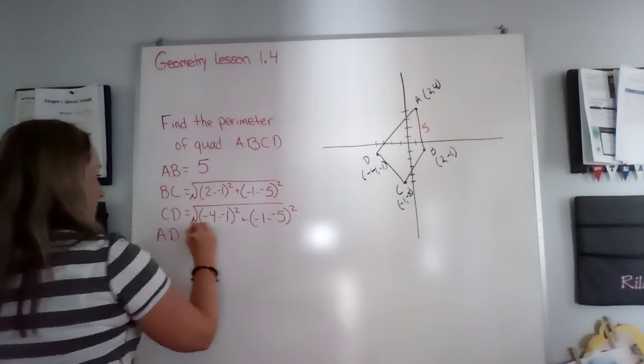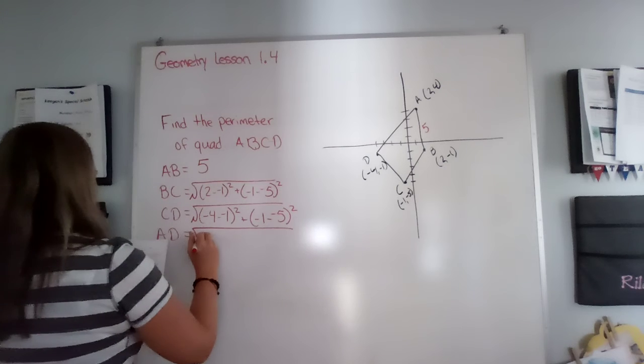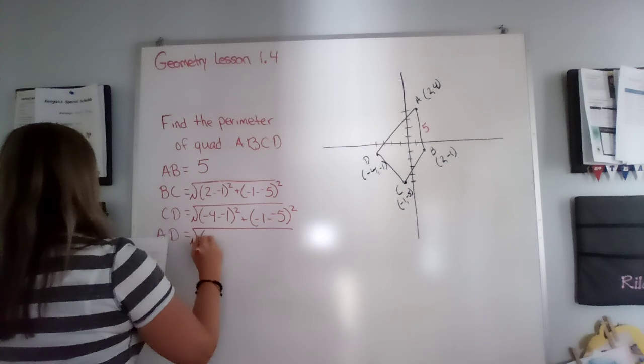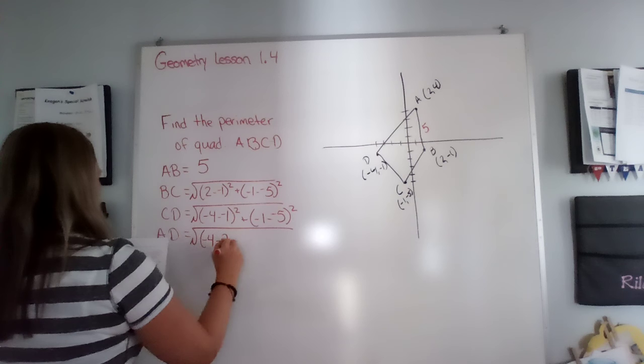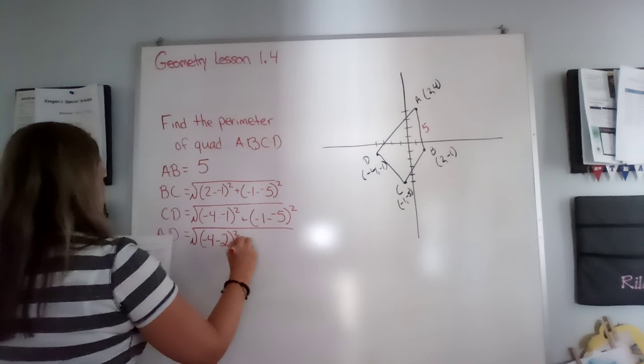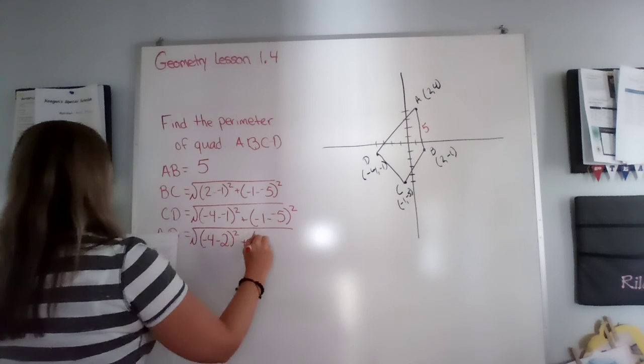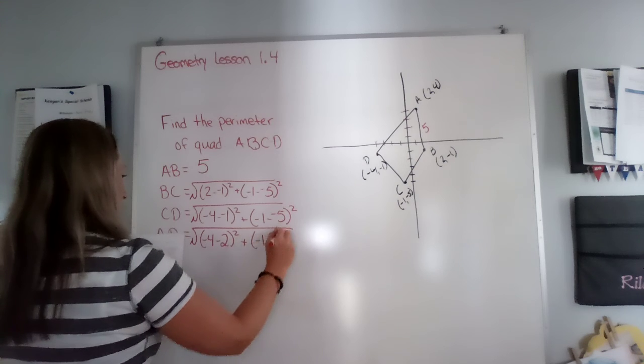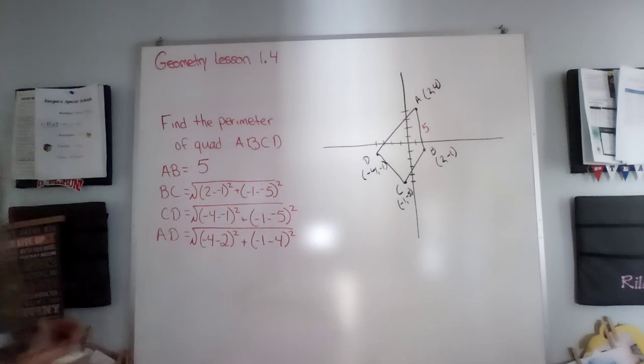You're going to have the square root of -4 minus 2 squared plus -1 minus 4 squared. So take a minute if you want to pause and make sure you understand the setup between all of those.